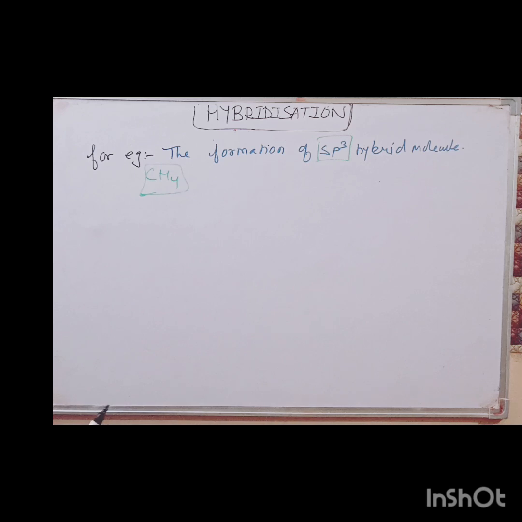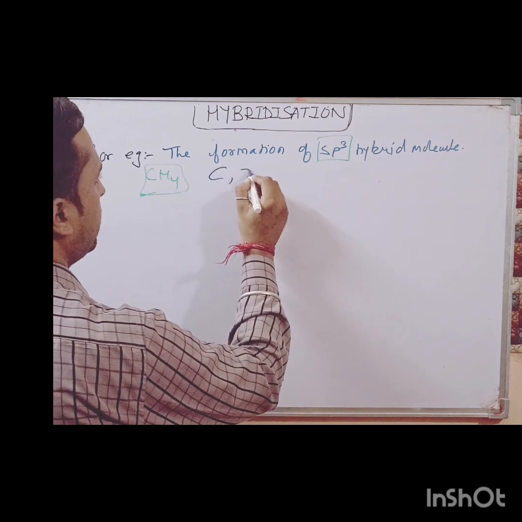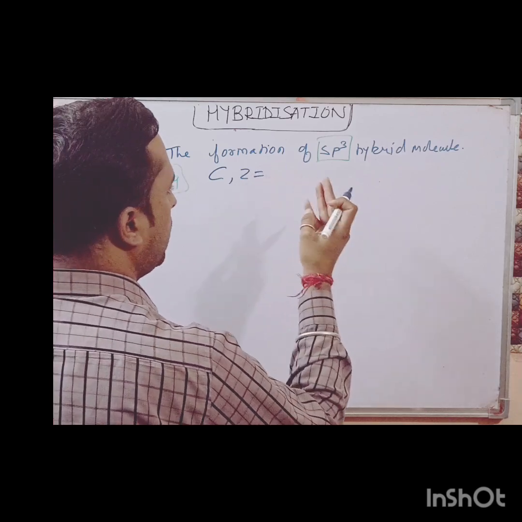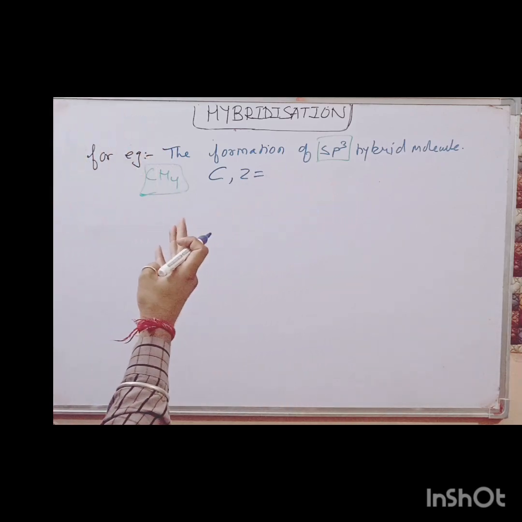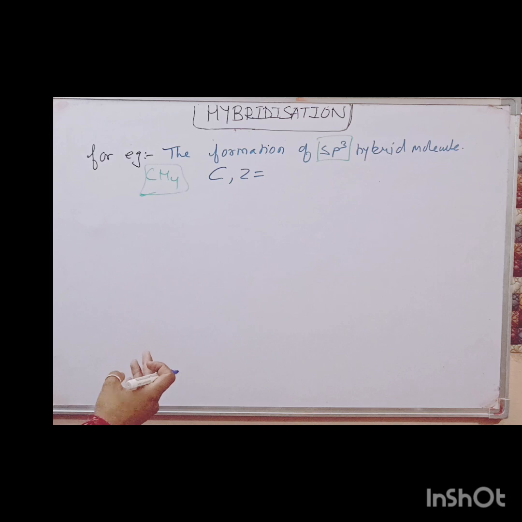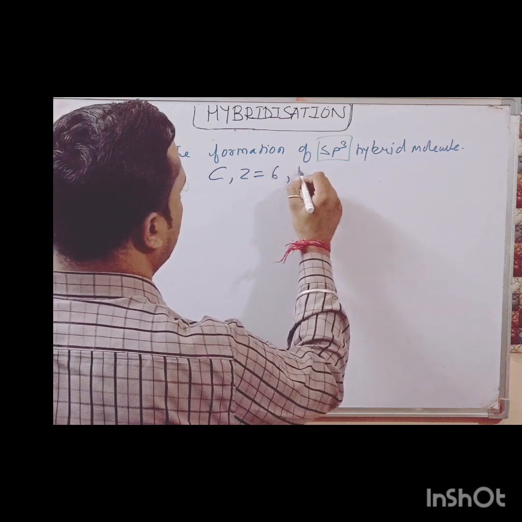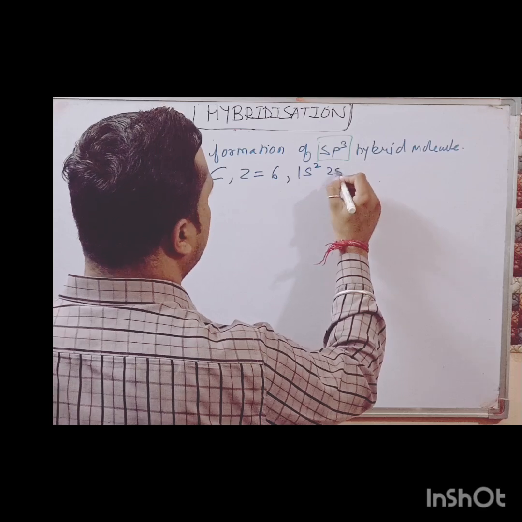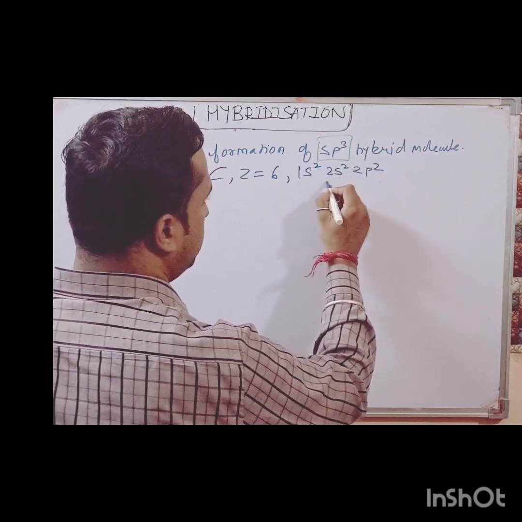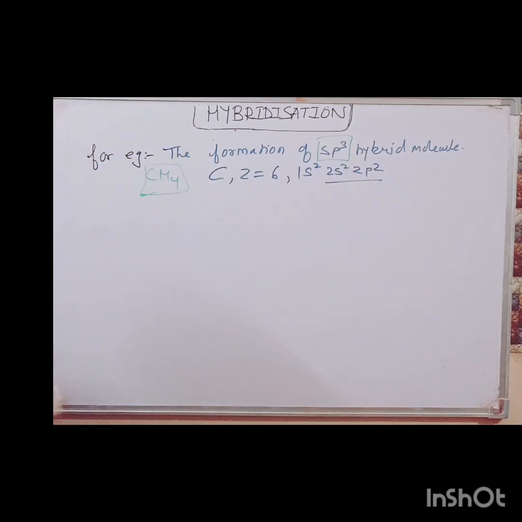In methane, carbon has Z equal to 6. The electronic configuration is 1s2, 2s2, 2p2.